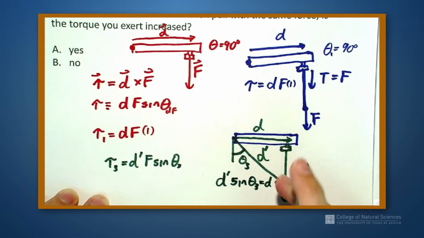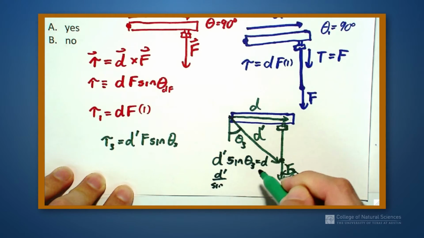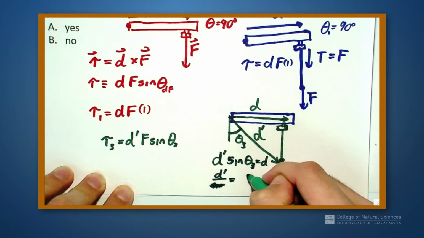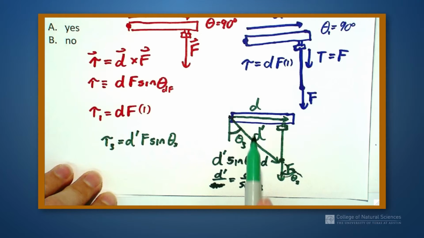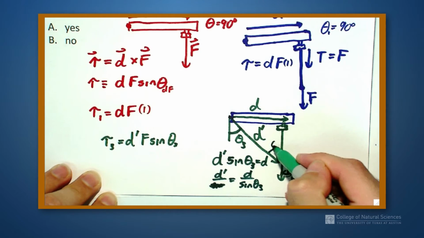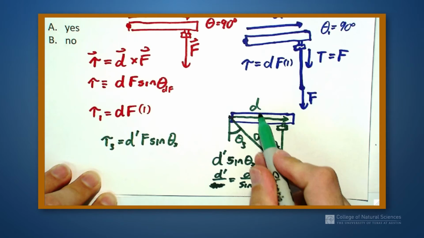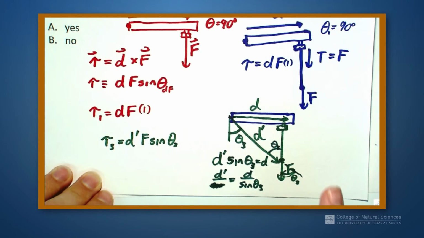Or d prime is equal to d over sine of theta 3. This is just from the geometry. I see that this angle is here, so this distance is going to be that theta 3 there. This distance, d, is the opposite side of the angle, so I use the sine function.